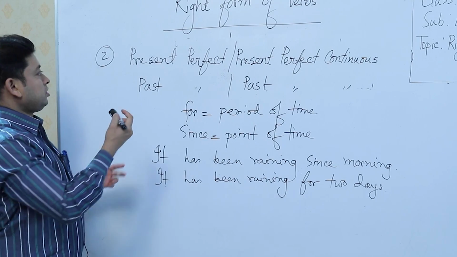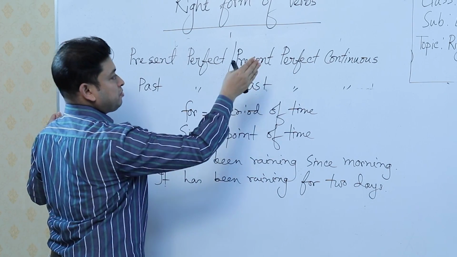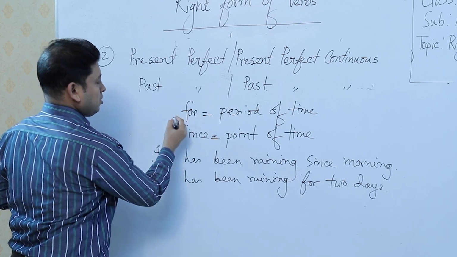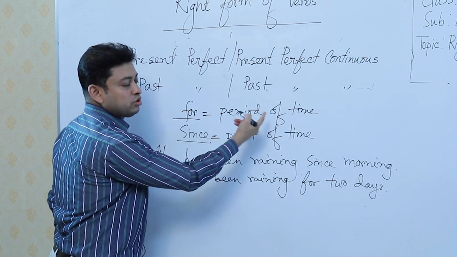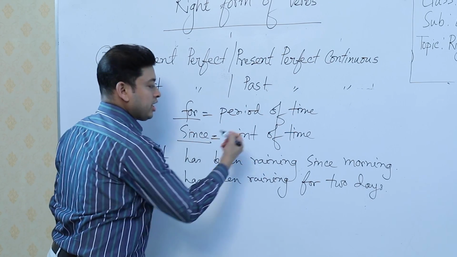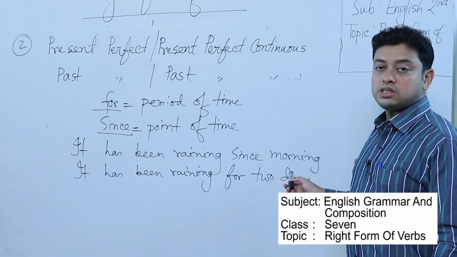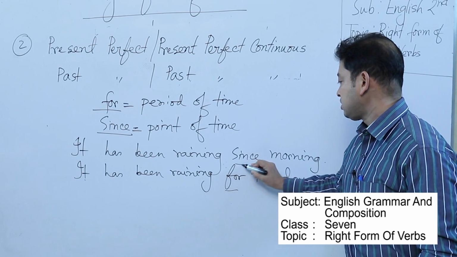So, the structure is, if there is present perfect tense or present perfect continuous tense, past perfect or past perfect continuous tense, for and since, for actually refers to period of time and since refers to point of time. So, look at the example, it has been raining since morning, it has been raining for 2 days.